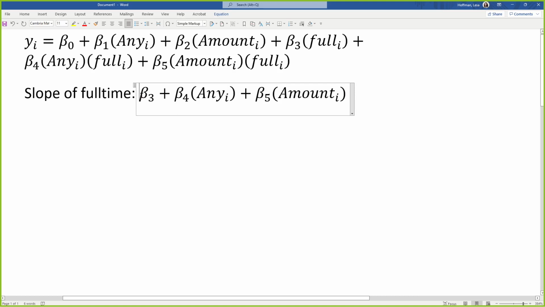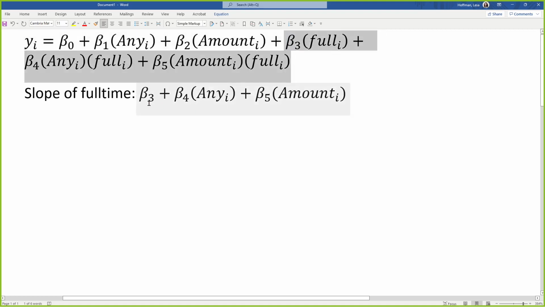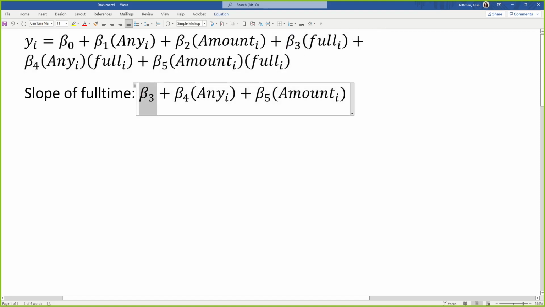So the key thing to get these slopes right is that the slope itself for whatever the predictor in question, it always gets a 1. So at a minimum, to get the slope that differentiates parents who work full-time from parents who do not, I need 1 beta 3. Now, given the way the model is coded, if I just have beta 3, who is that going to be the slope for? What kind of child?